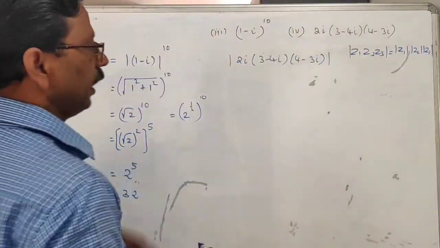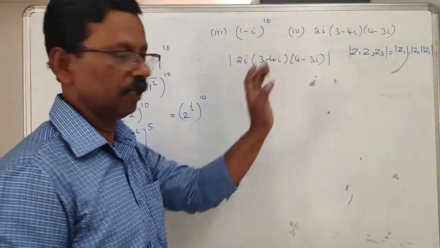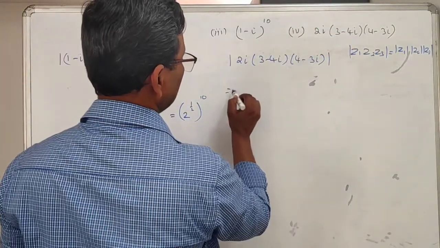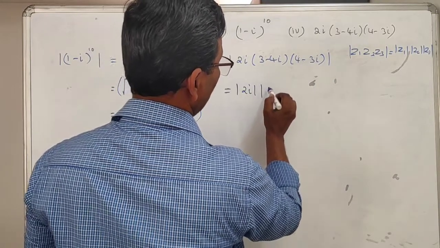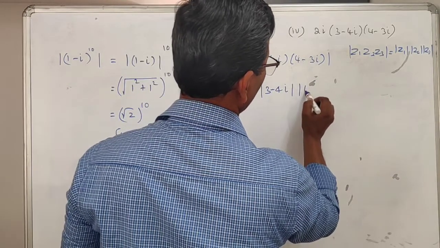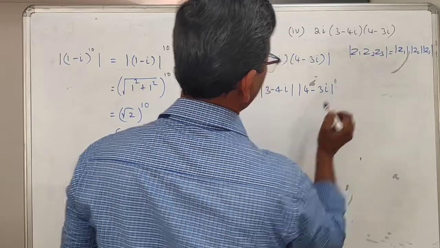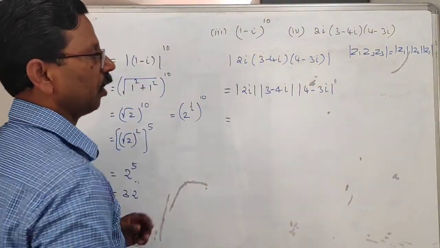Therefore, if it is a product, you can take modulus separately, then you can multiply. Therefore, this can be written as modulus of 2i into modulus of 3 minus 4i into modulus of 4 minus 3i. You can take modulus separately for each and every complex number.